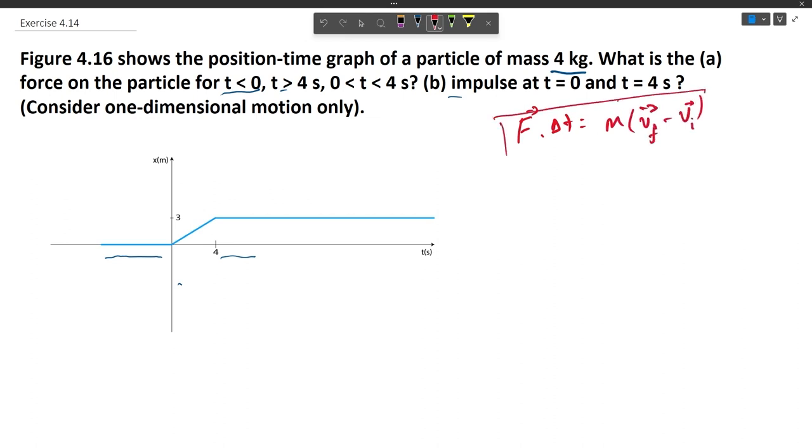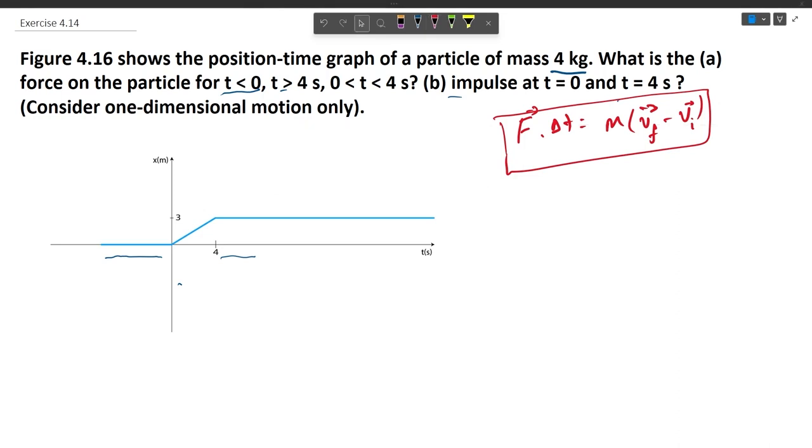The question is asking in the first part what is the force on the particle for t less than 0. Since for t less than 0 there is no motion in the particle, the net force must be 0 for the particle to be static. So we can say that there is no net force on the particle.